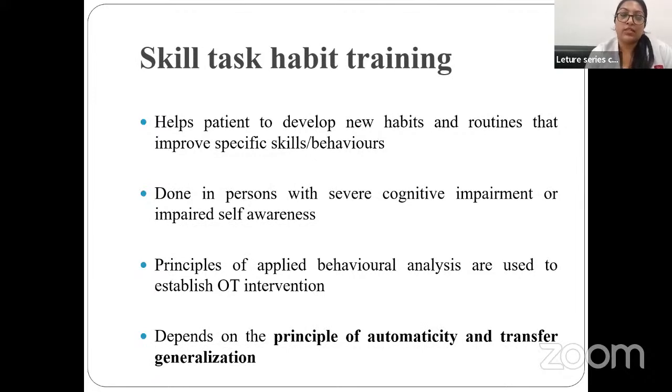But that is not available in patients with cognitive impairment. They will have to think what to do, how to perform that action, and then they will do it. So we have to inculcate, repeat, and provide so much practice to the patient that they are able to inculcate that key target or key behavior into their routine life.